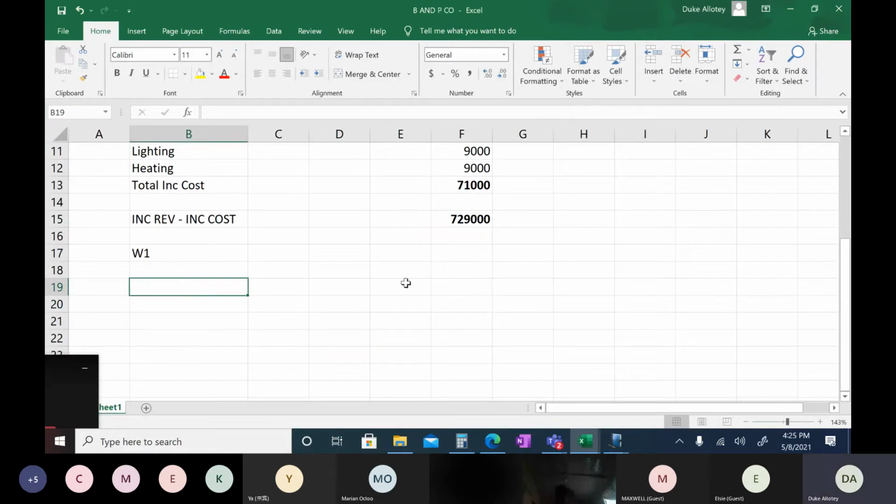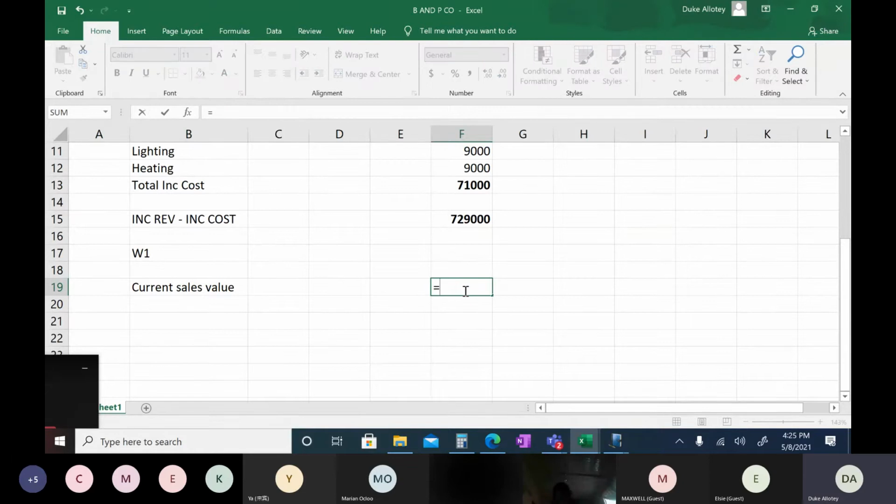So I'll take the current sales value, Monday through to Saturday. We saw that that is going to be equal to 10,000 multiplied by 6 days multiplied by 50 weeks. So that gives us this.